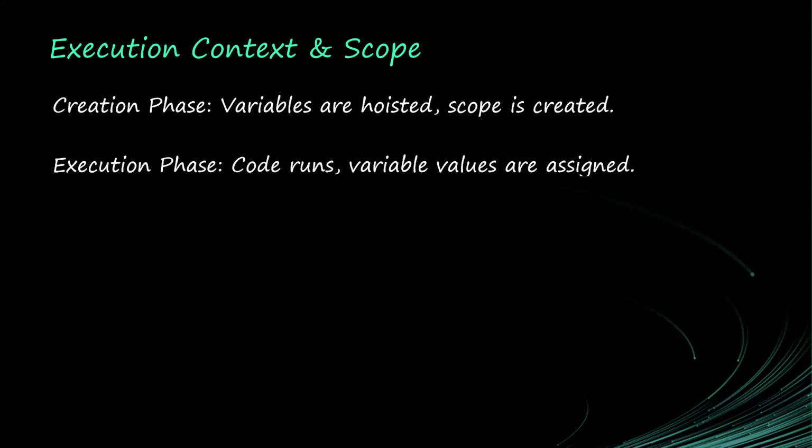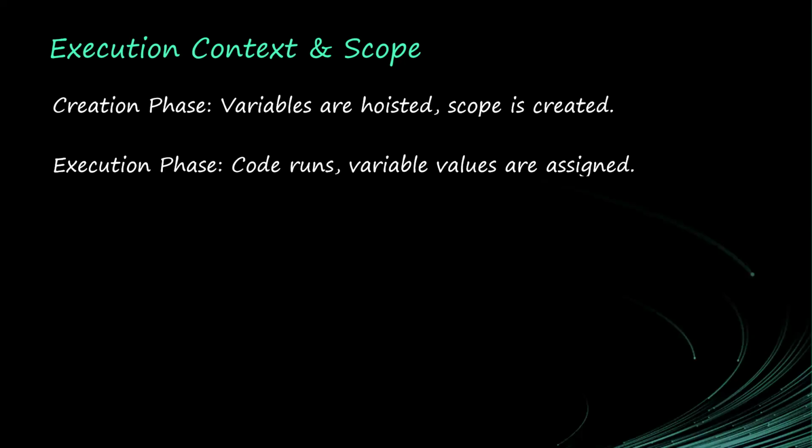Now, in the execution phase, the code runs and variable values will be assigned. So variable values are not assigned until the code runs. The variable can be created in the creation phase, but it will not be assigned any value there.